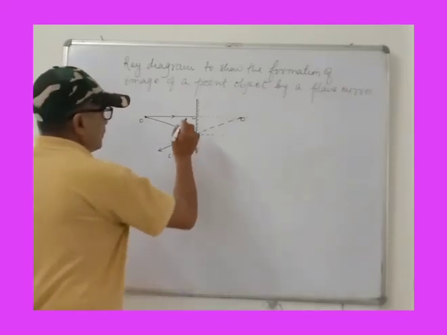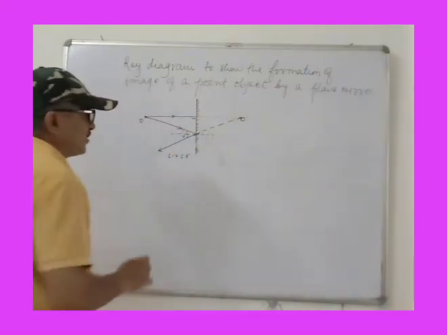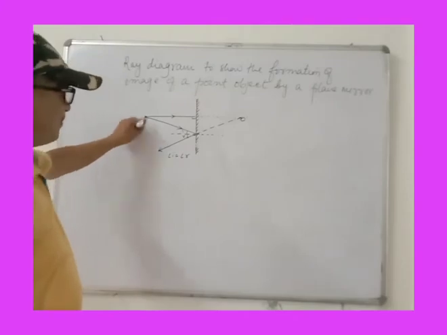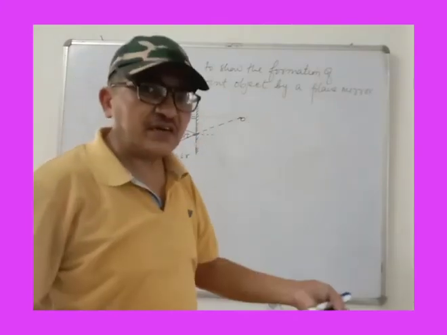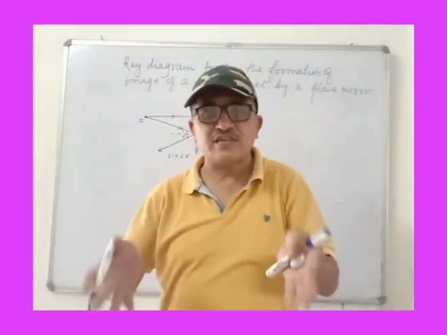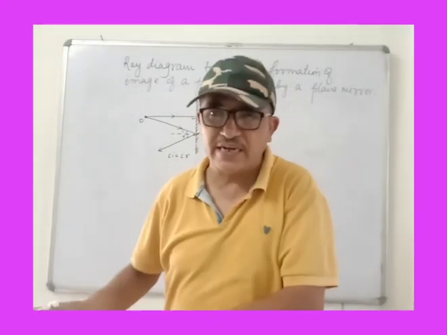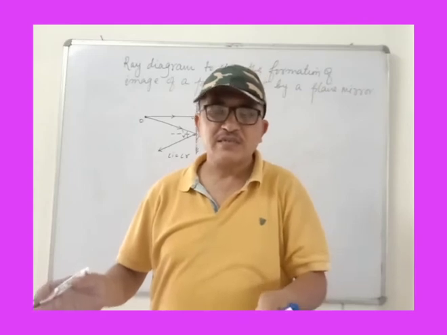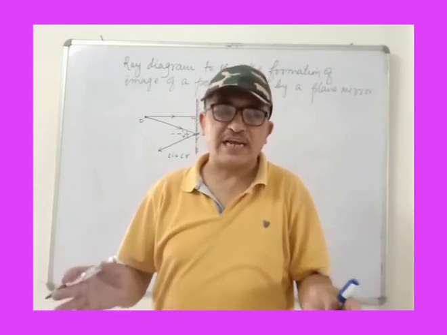Now, one concept is that image by plane mirror or spherical mirror, image is formed only when the rays of light meet once again after reflection. Please remember, please note down this line.